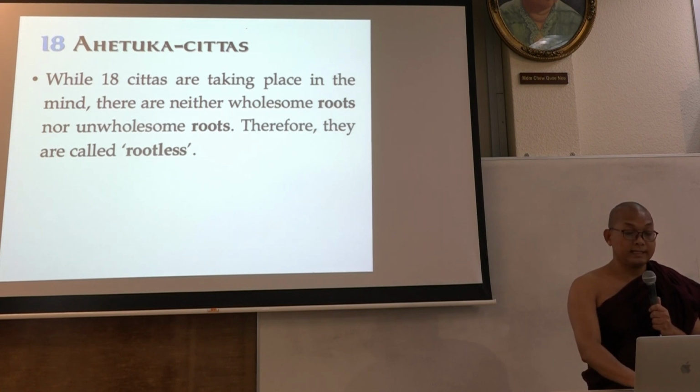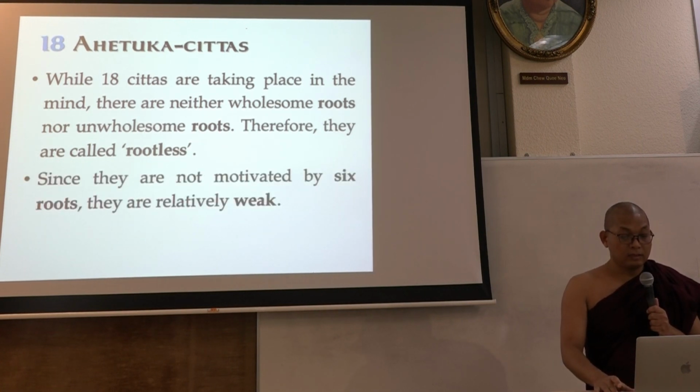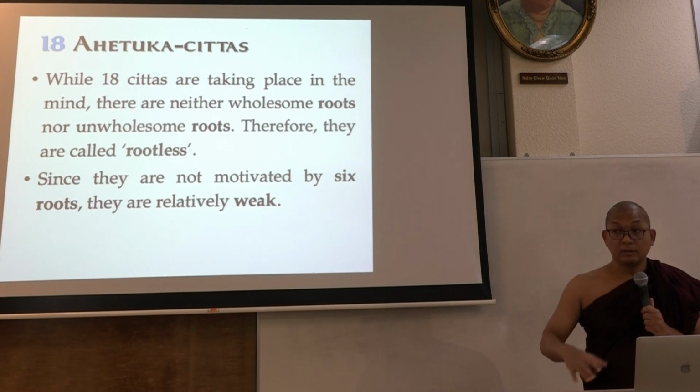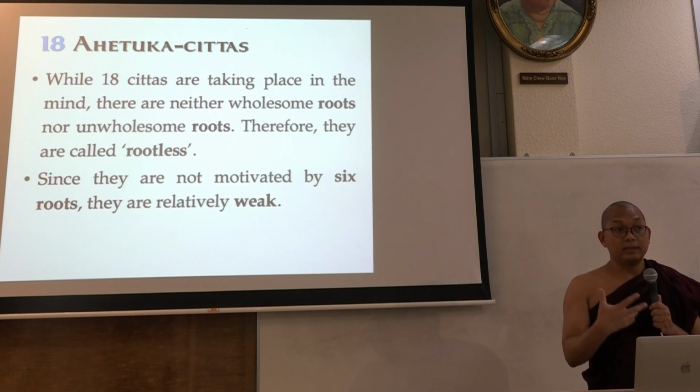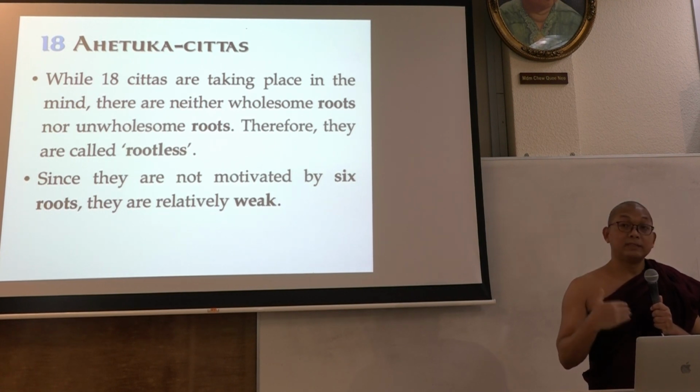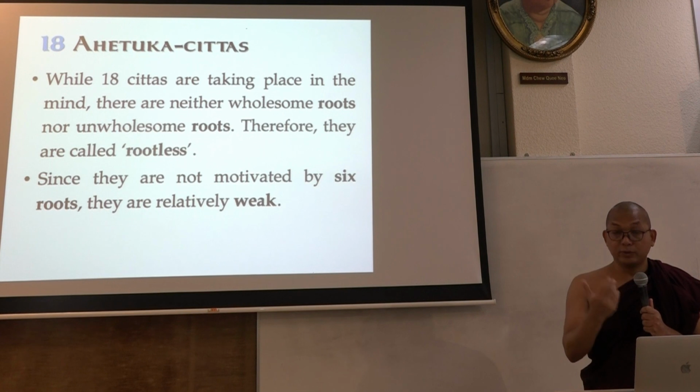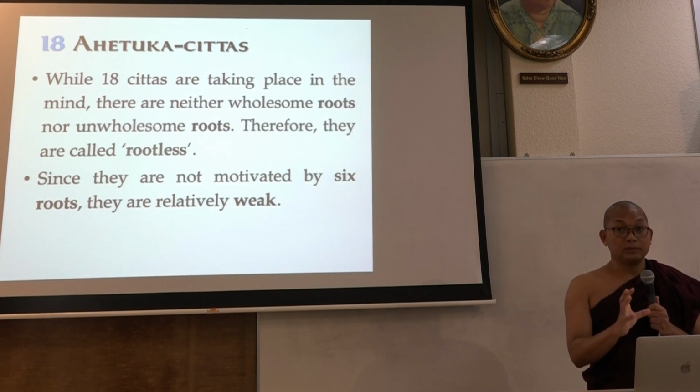So therefore we call it ahetuka. Since they are not motivated by the 6 roots, they are relatively weak. When your mind is motivated by unwholesome root, like lobha, dosa, moha, your mind is very active, very, very strong. But here, no root. So therefore, relatively weak.